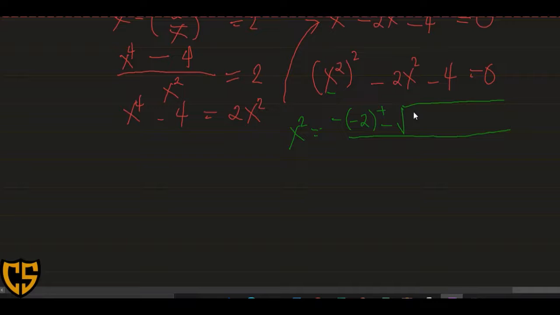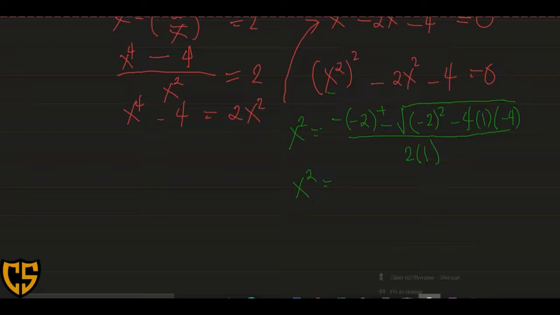So that is negative 2 squared minus 4 times a naton nga 1 times c naton nga negative 4, divided by our denominator, which is 2a, so that is 1. So we have to find the value of x squared. So solving, we have some values ang aton nga a.